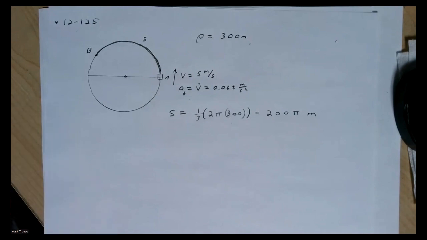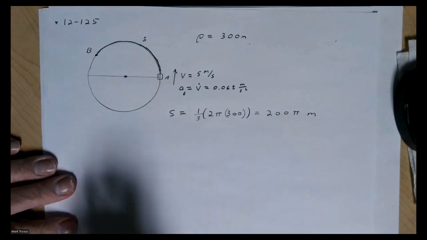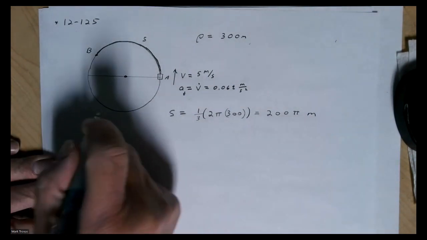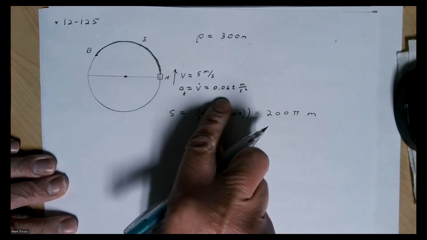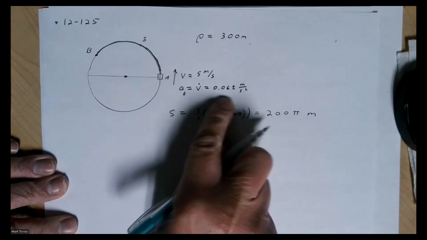So we just needed to do that, and then for most of the rest of the problem, we're going to need to find an equation for the velocity. So we're given that the acceleration, or the v dot, is this.